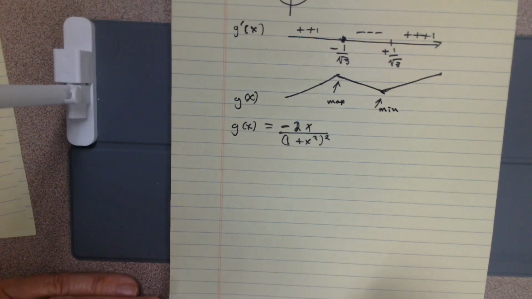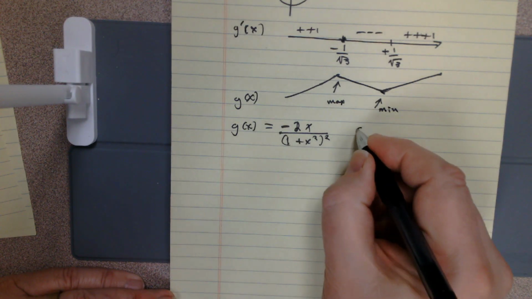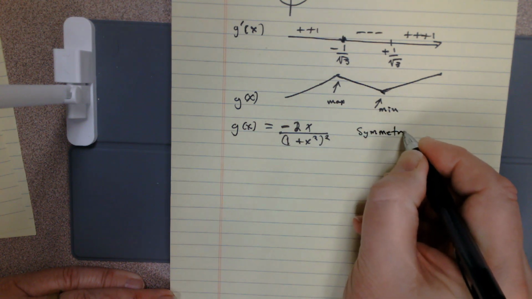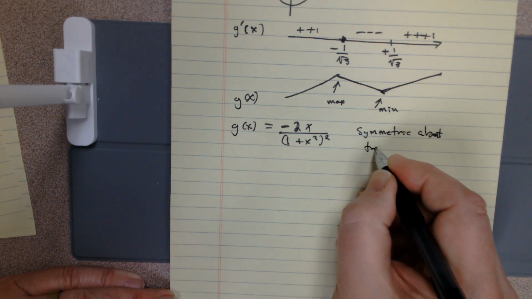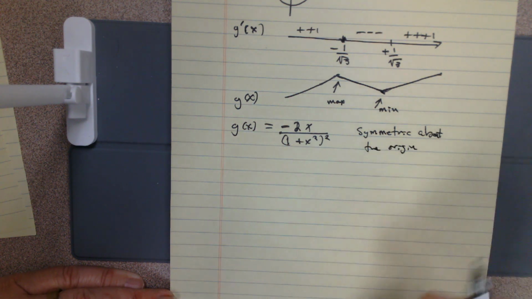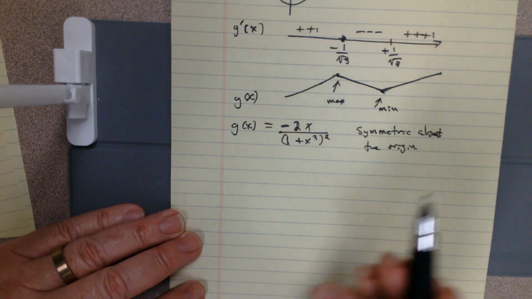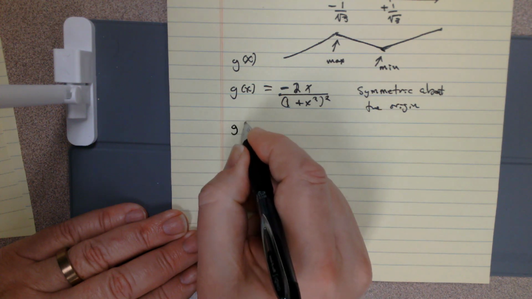Because this function is symmetric about the origin, the value it attains here is the same as the value it attains here. We can plug it in.